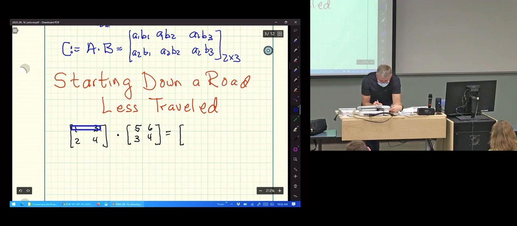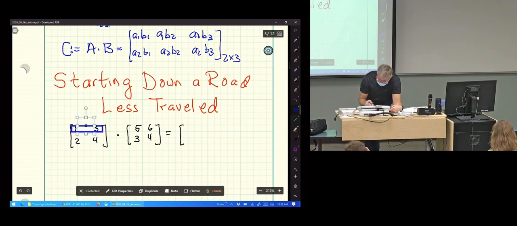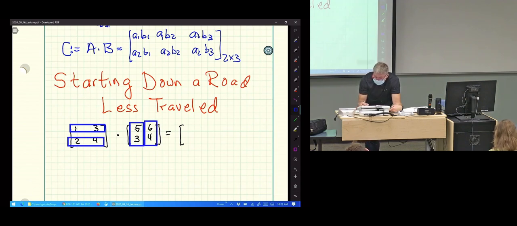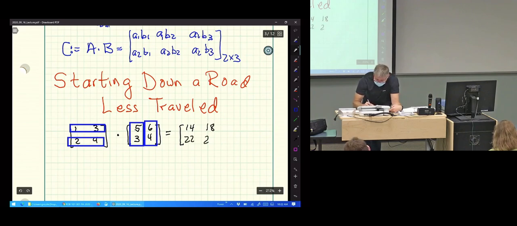Okay, so we do rows of A, columns of B. And I did this multiplication. Somebody will invariably check me, and hopefully I did it right.